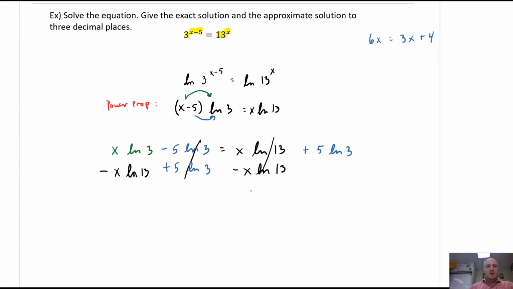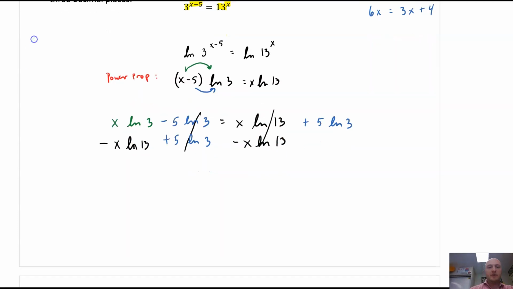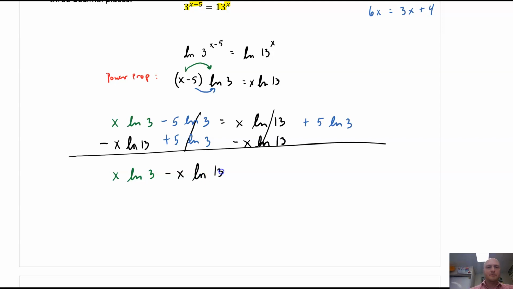Okay, and I'll keep everything the same color so that way it's easy to identify. I have x natural log of 3 minus x natural log of 13, which is equal to 5 natural log of 3.